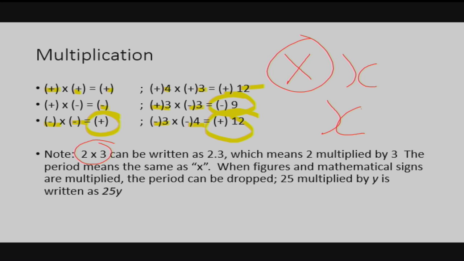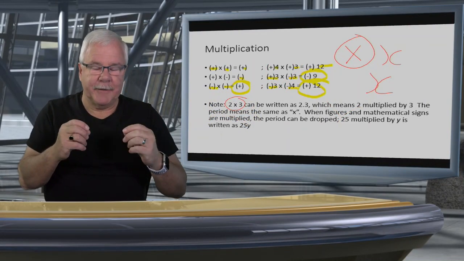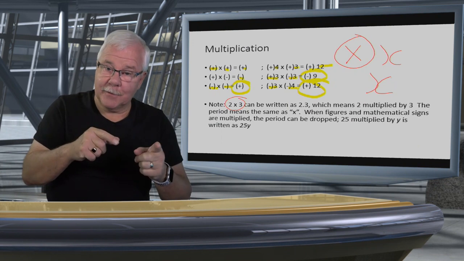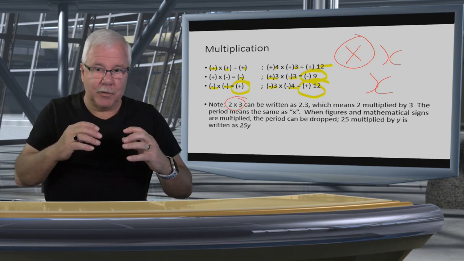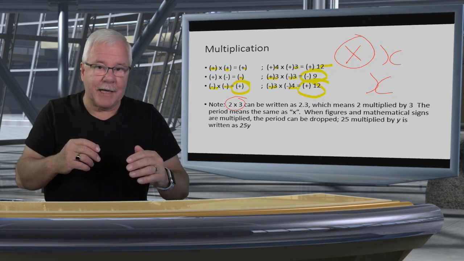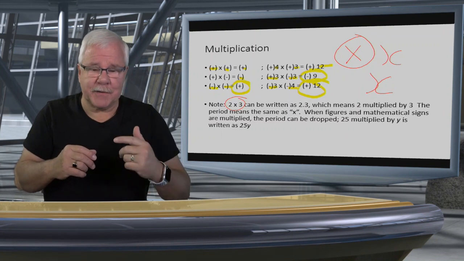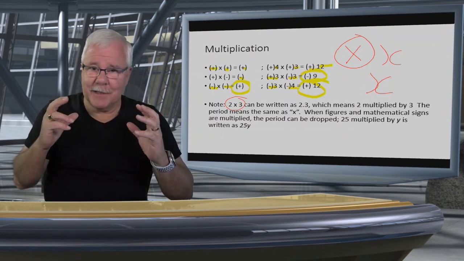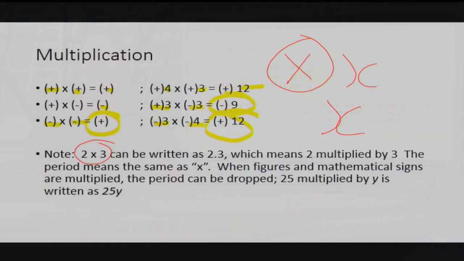So really just keep your mind open. Is that now an x, or is that a multiplication? Because very soon in algebra you will see that signs, numbers and letters, figures, everything will come into one.